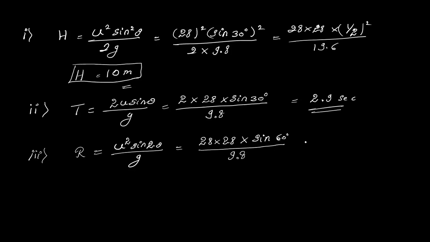The value for sine 60 is root 3 by 2. Okay. Solve it. 28 into 28 into root 3 by 2, divided by 9.8 into 2. Therefore, the horizontal range is 69.3 meter.